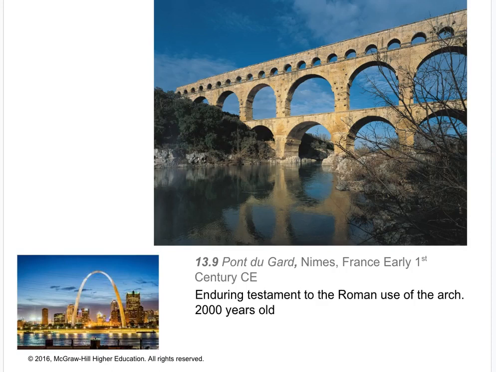So a more modern example of an arch like this is the arch in St. Louis. And if you've ever watched anything about the construction or seen images about the construction of the arch, it shows you how they built these sides up first. And the very last piece they put in was this keystone at the very top.